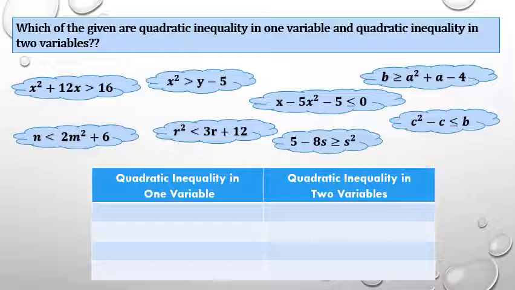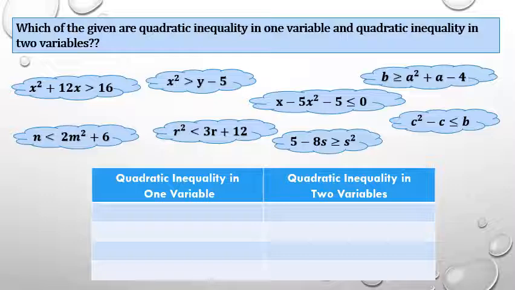So, sa madaling salita, isang letter lang ang dapat present sa quadratic inequality. Kapag quadratic inequality in two variables naman, may dalawang variable na ginamit sa quadratic inequality or may dalawang letters na ginamit sa quadratic inequality. So, isa-isahin natin.